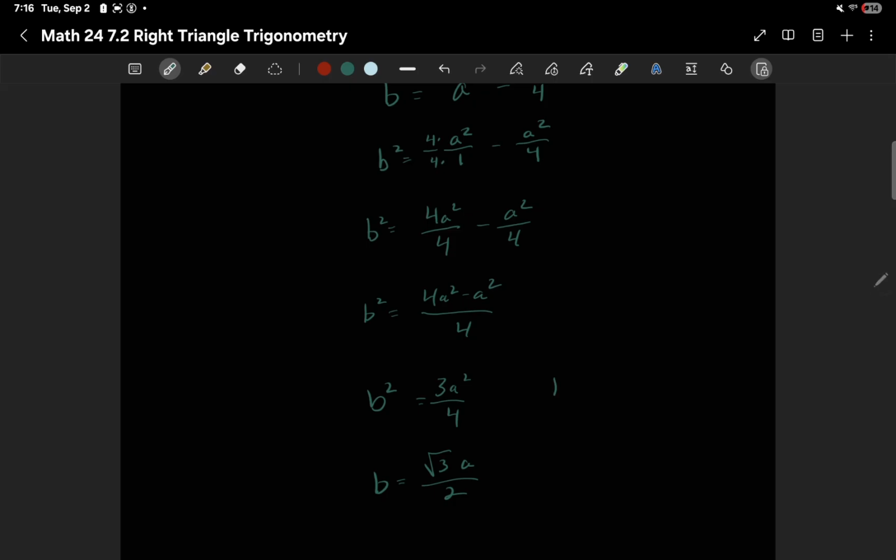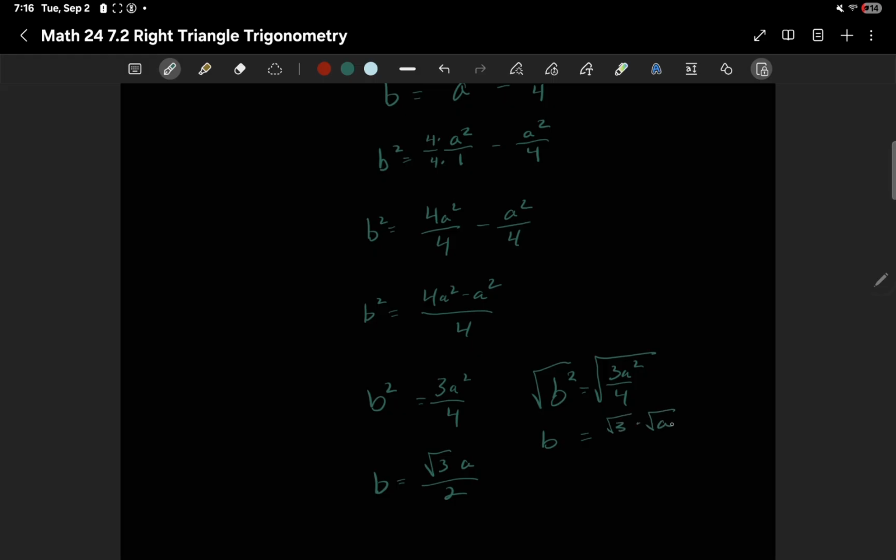And so just to quickly show you what that algebra looks like, it's b squared is equal to 3a squared over 4. I'm going to square root the left side. I need to square root the right side. The square root of b squared is b. The square root of 3a squared over 4, well, I can change this so that I put each thing in its own square root.